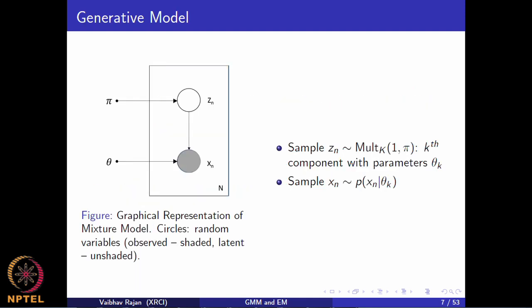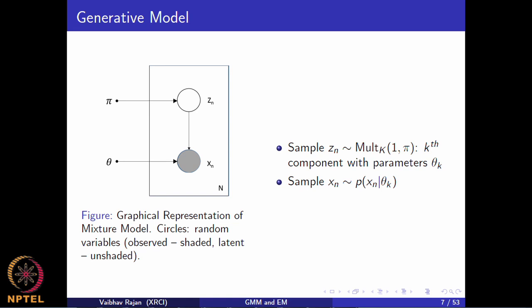Then we saw that the Gaussian mixture model can be very intuitively explained through the generative procedure, where you assume that there is a latent variable that tells you which Gaussian to pick, and then once you pick that, you generate your data from that particular Gaussian.